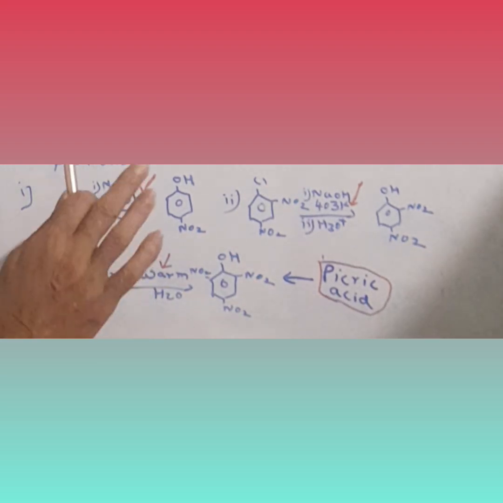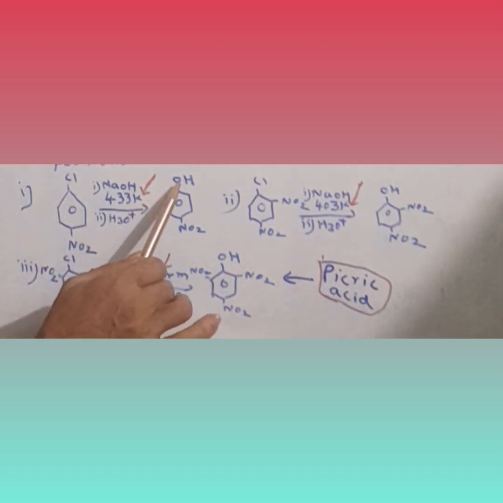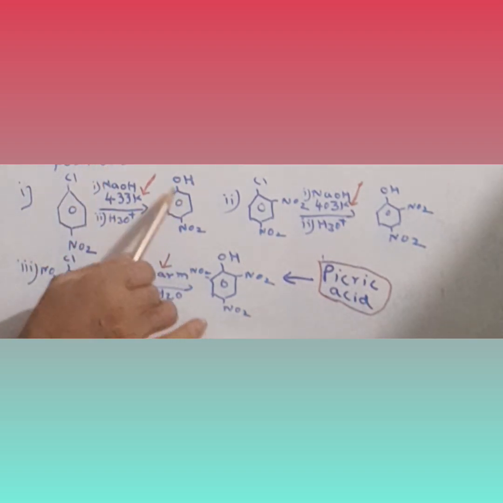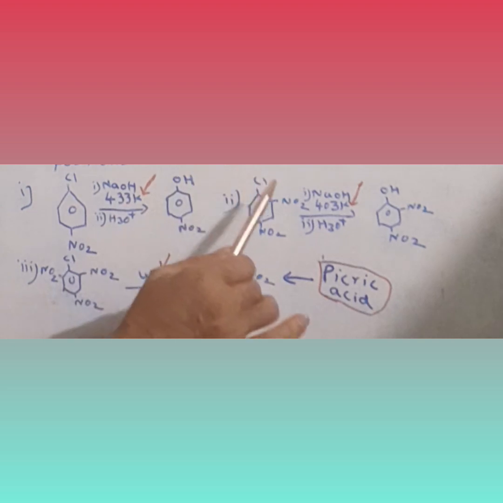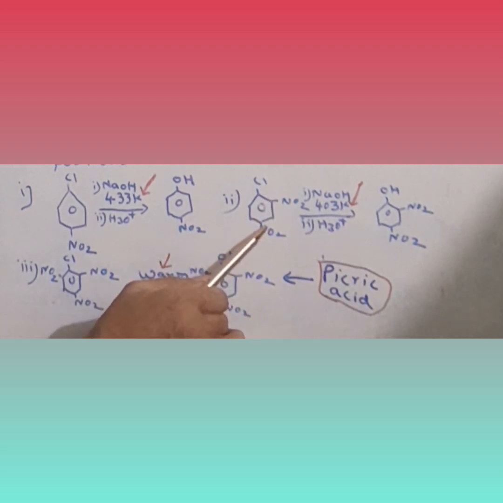Now so here the reaction impossible gets possible by this condition, by applying 1 nitro group here. Alright. As soon as we apply nitro group here, we get paranitrophenol. Alright. But at temperature 433 Kelvin. Now here we apply 2 nitro groups, strong electron withdrawing groups in ortho and para position.